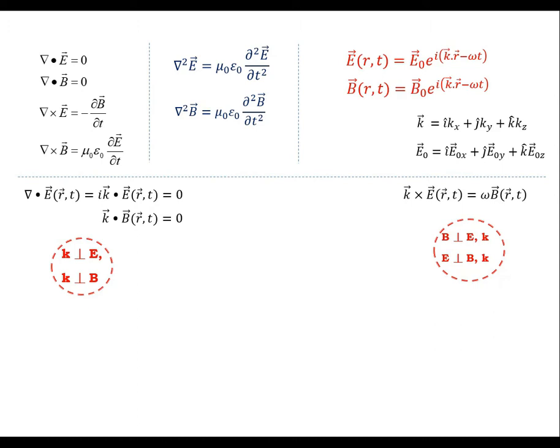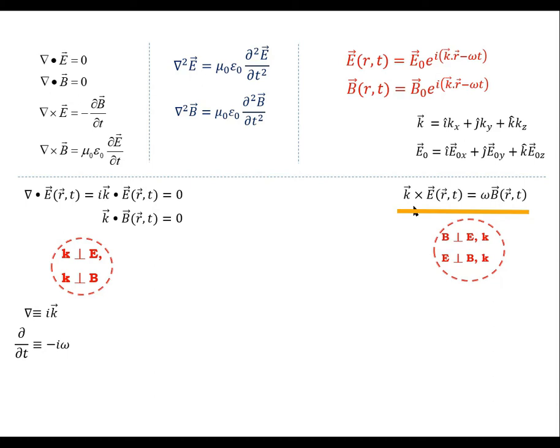While dealing with Maxwell's equations, we can always put these two approximations of the del operator and the differential operator with respect to time. If you see this equation, this can be used to find the relative values of electric field and magnetic field induction.